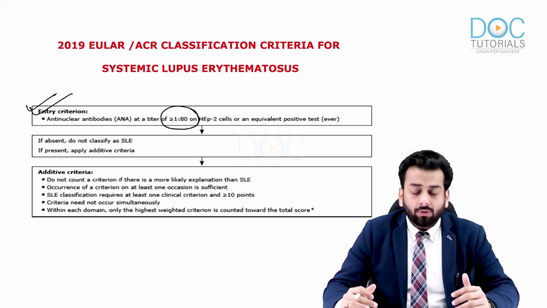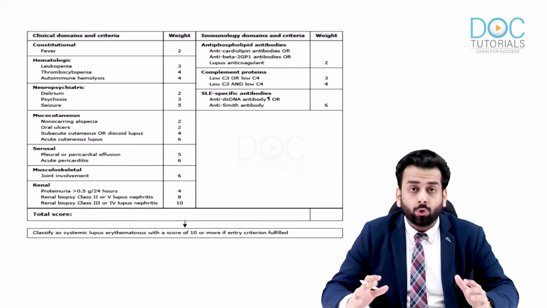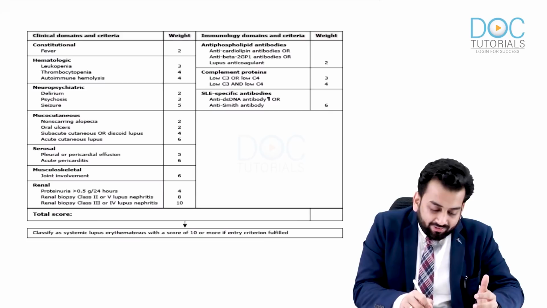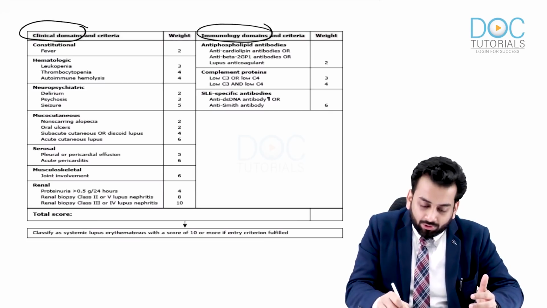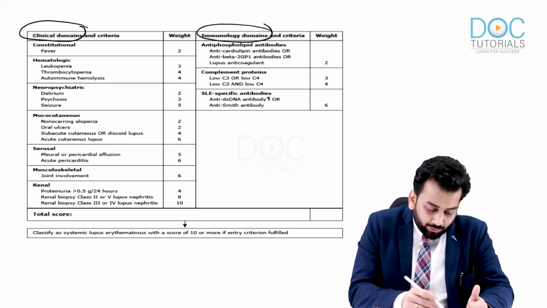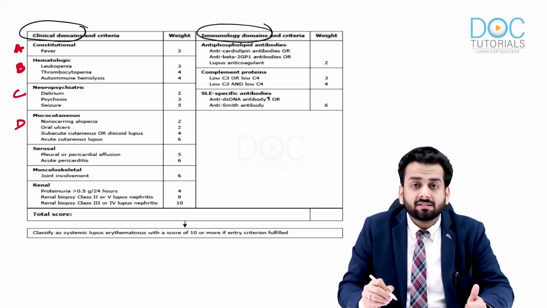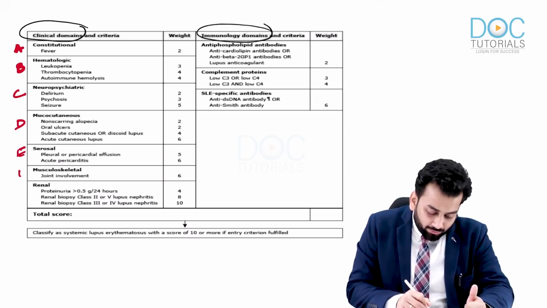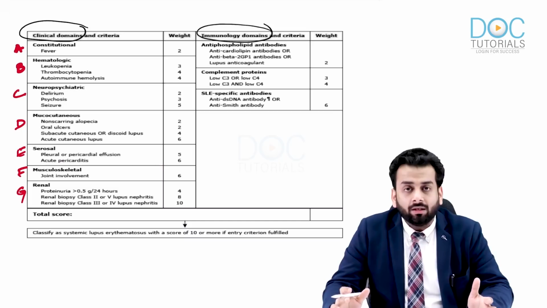Moving on. Apart from that, the criteria have been further divided into domains. There are 7 clinical domains and 3 immunological domains. The clinical domains are constitutional, hematological, neuropsychiatric, mucocutaneous, serosal, musculoskeletal, and very, very important, renal.